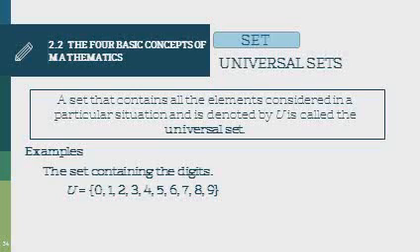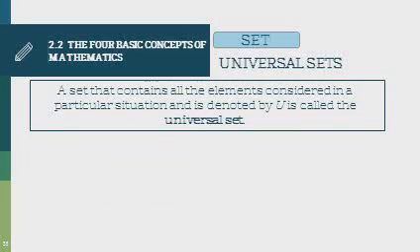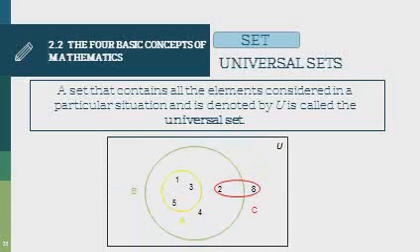The set containing the digits, the set containing the whole numbers. Here is the example from earlier. When solving sets, we just use a Venn diagram, and the whole thing is the universal set.